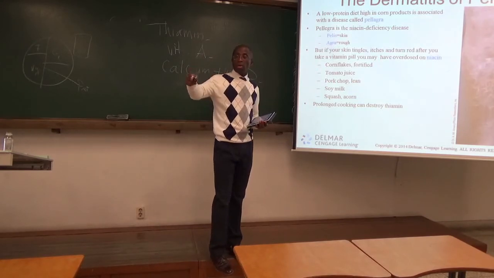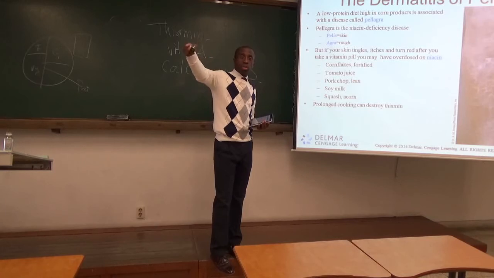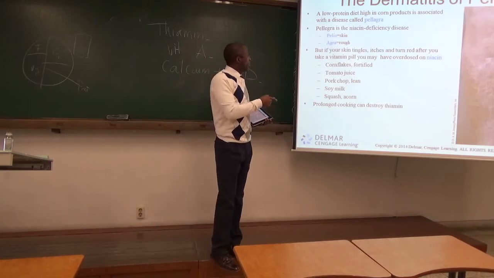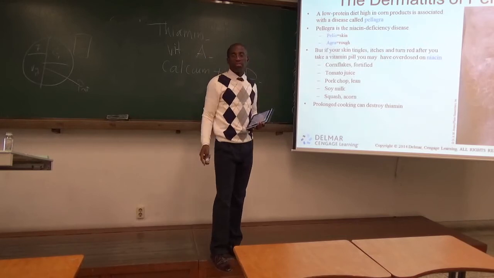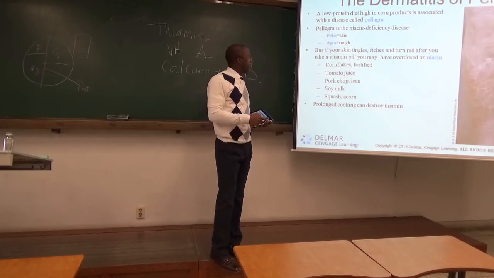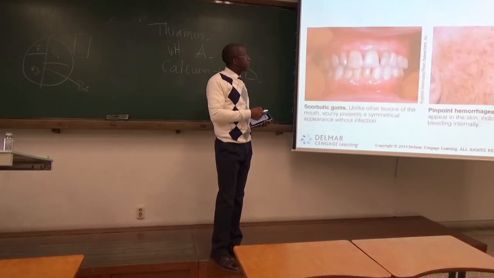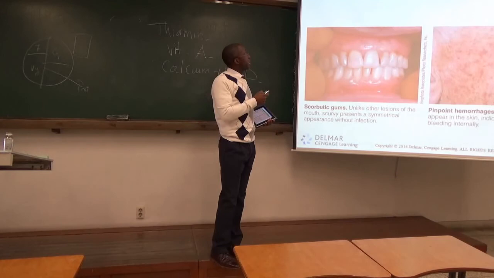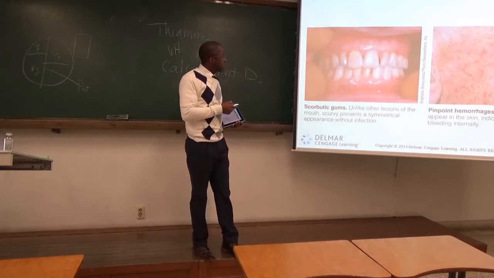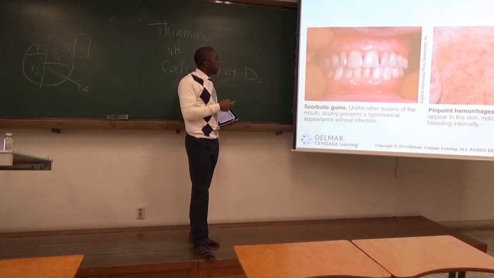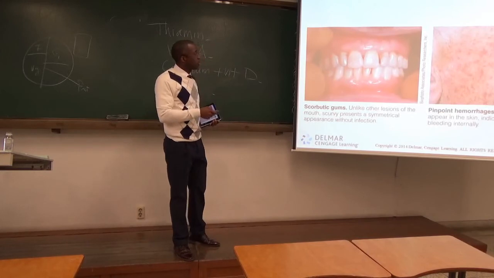Again, we're talking about fortified food. And when we talk about fortified food, we can have the cornflakes again that we fortify. Okay? Tomato juice and things like that. Okay? Here, vitamin C deficiency symptoms. You can see on the gum here, and you can also see the skin of that person, right?